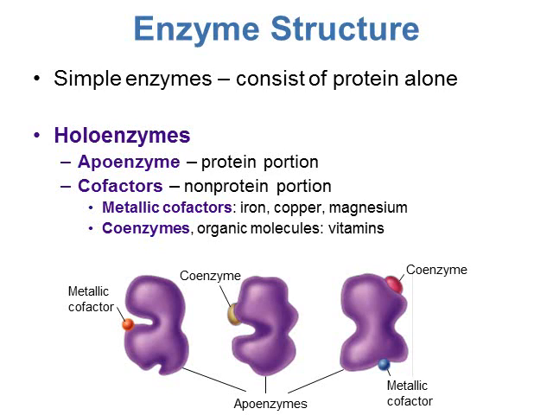The protein part is in purple, and then you can see these different enzymes. They can have a metallic cofactor on the left, a coenzyme. They can have a coenzyme and a metallic cofactor. So they can have one of these cofactors, or they can have multiple cofactors that help with this enzyme.